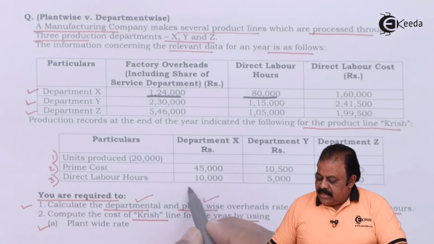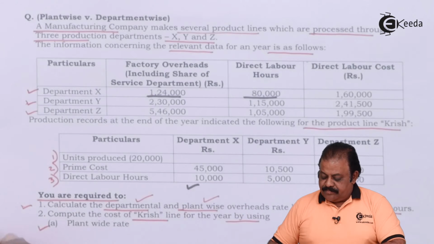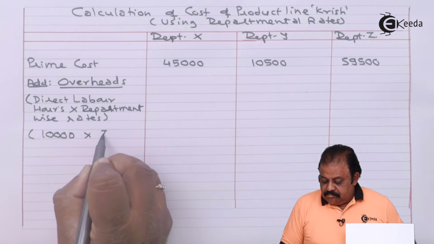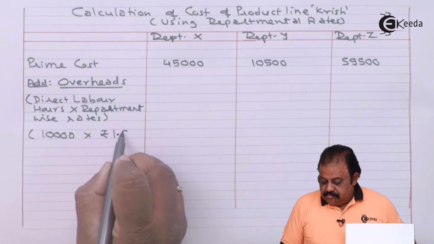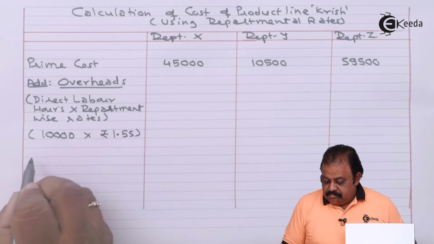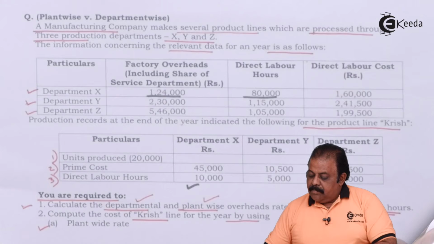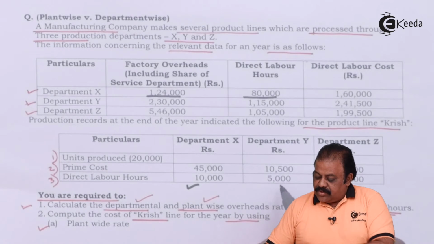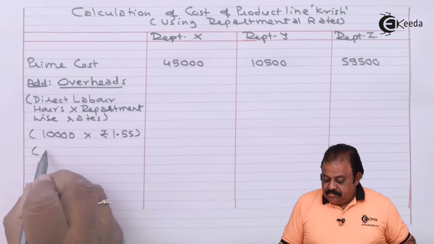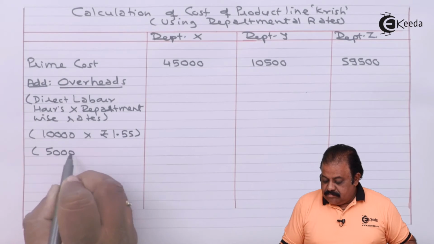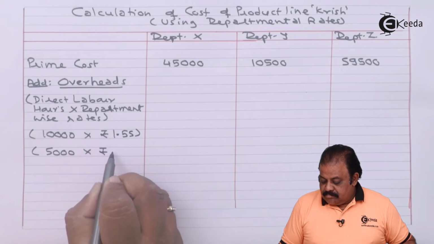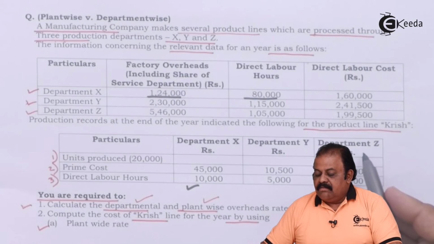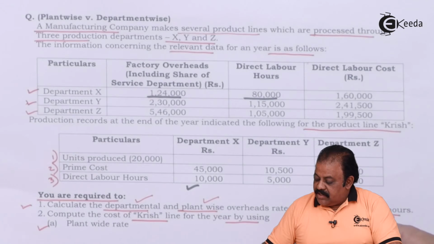Department X direct labor hours 10,000. Department Y direct labor hours 5,000. Department Z direct labor hours 30,000.